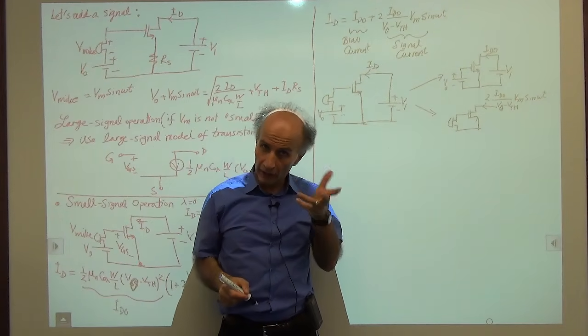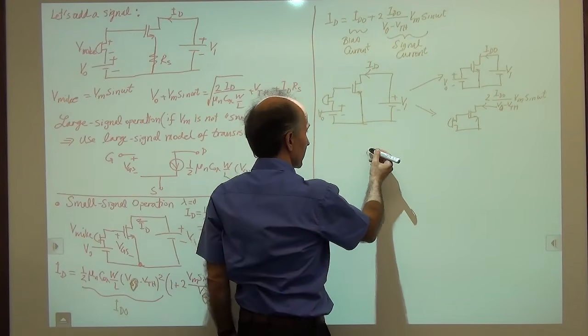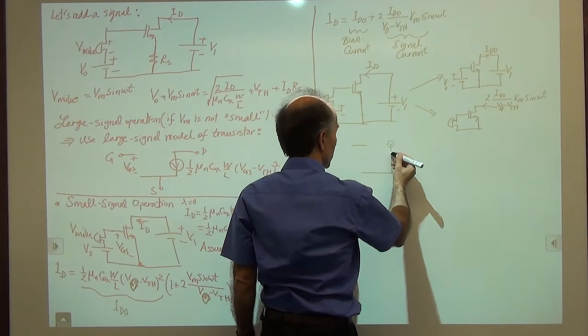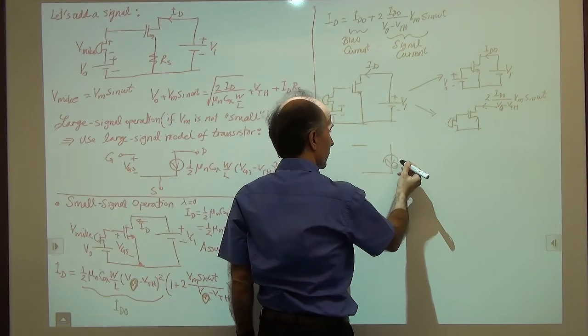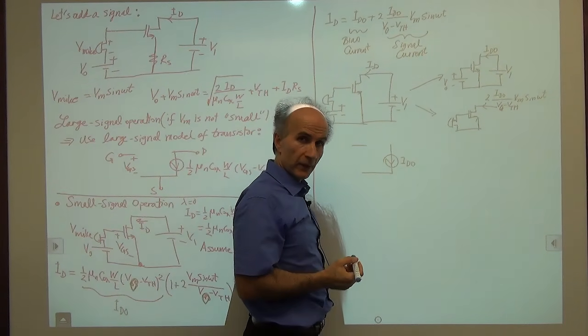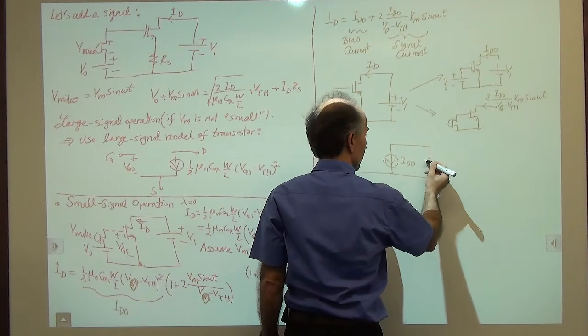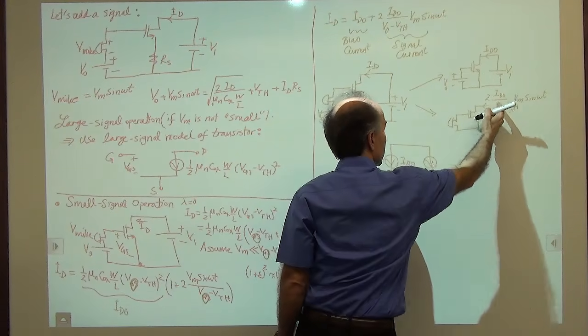So in other words, what I'm really trying to do is this. I'm saying that this device consists of really two currents. One current is constant and equal to ID0. That's the bias current. And then superimposed on that, we have another current that's flowing. And that current is this guy here.